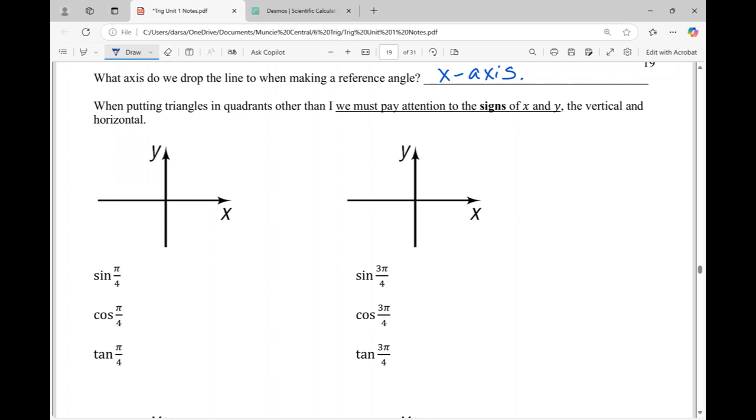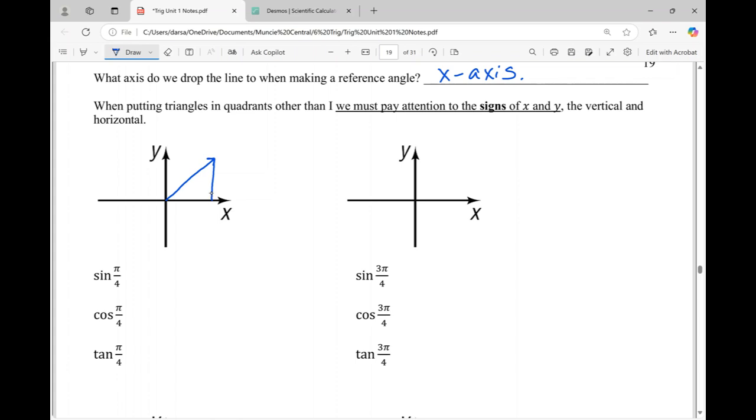So we're going to use pi over 4 as our reference angle and show you how it's going to work in all four quadrants. So let's draw the triangle for pi over 4. Remember, pi over 4 is that 45-degree angle straight to the right.